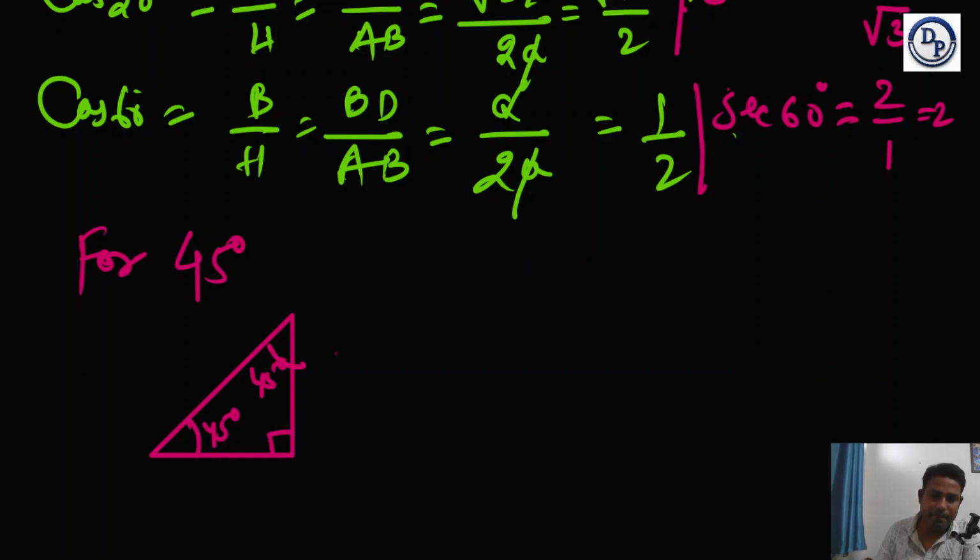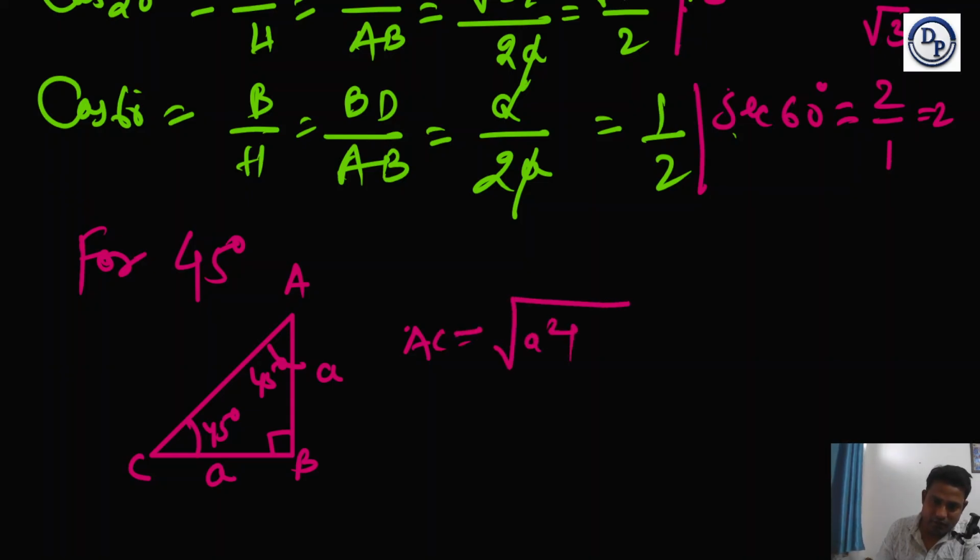So what we do, we consider the sides as A, and using Pythagoras theorem, we can calculate the side ABC, that is AC. Okay, so AC is under root A square plus A square. We'll get 2A square. So answer is root 2A. Okay, so this becomes root 2.